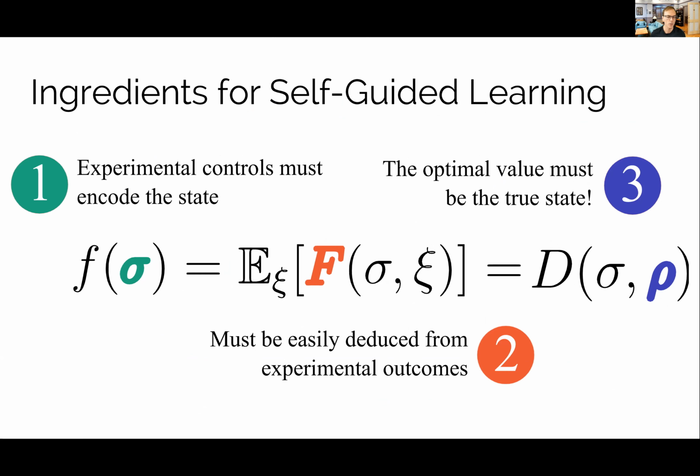Okay, so if I want to estimate a state, in this case a state or some other set of parameters, rho, the first thing I need is to be able to do an experiment where the controls of my experiment encode the thing I'm trying to estimate.